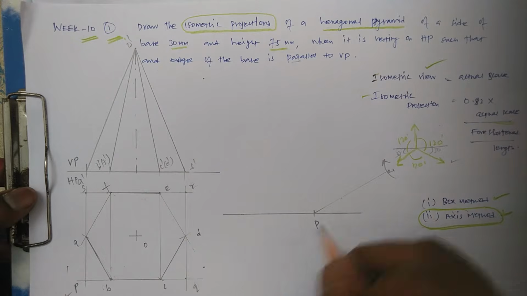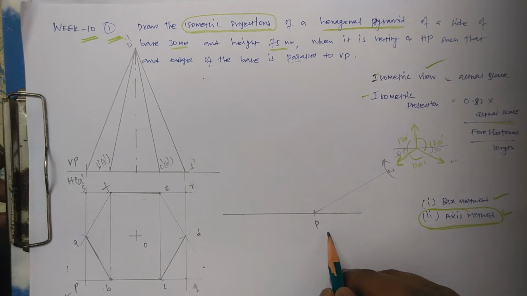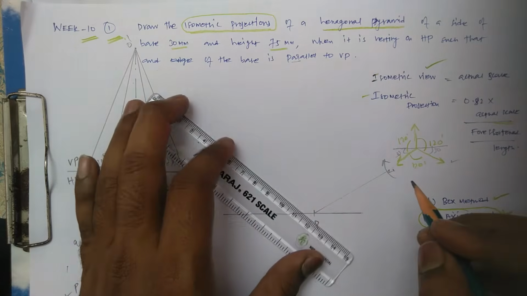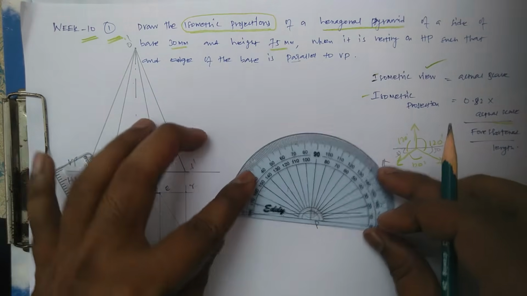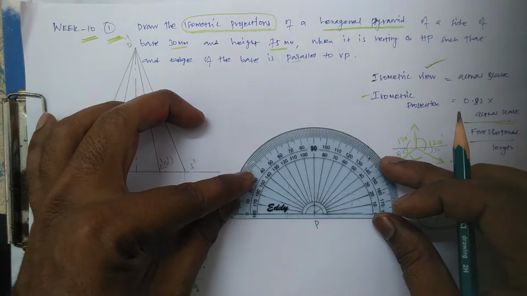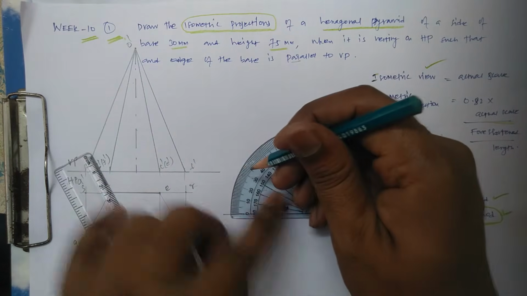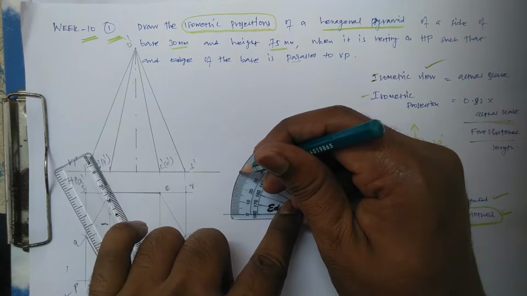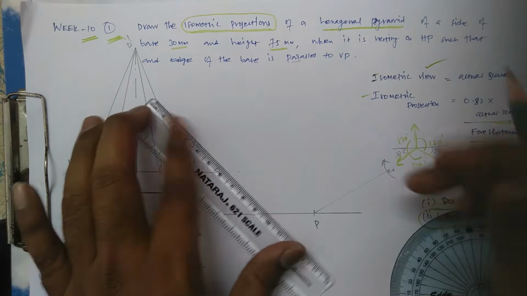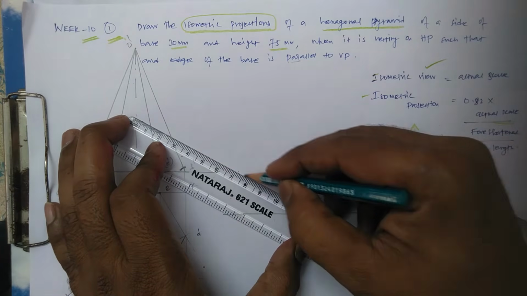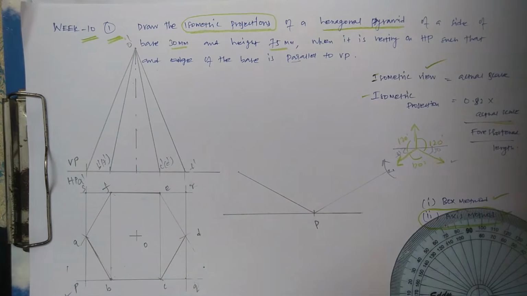This point P I transferred here. After that, in the same direction, I'm going to draw another 30 degree angular line. There is a reason, I'll explain once I complete. In another direction, I'm dropping the same 30 degree angular line.